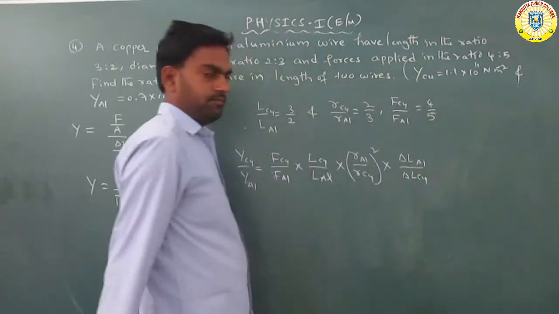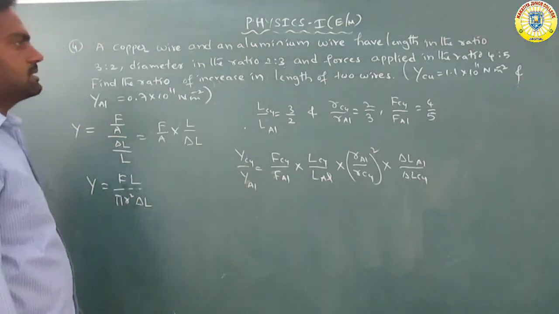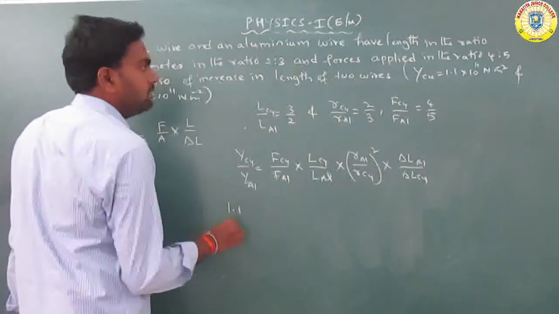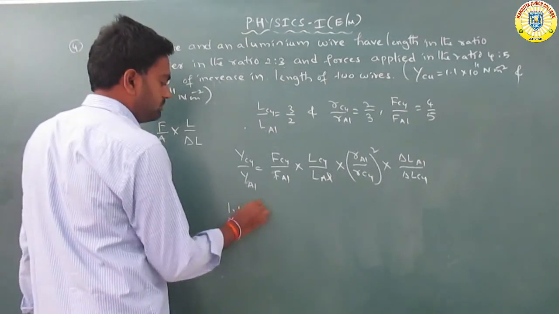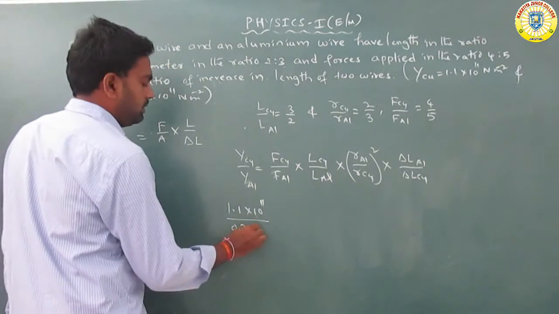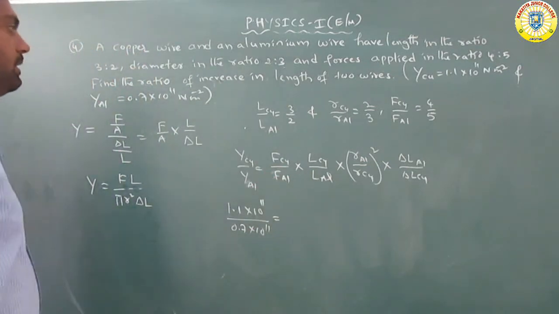Young's modulus of copper by aluminum is given as 1.1 into 10 to the power of 11 by 0.7 into 10 to the power of 11, which is equal to F copper by F aluminum.